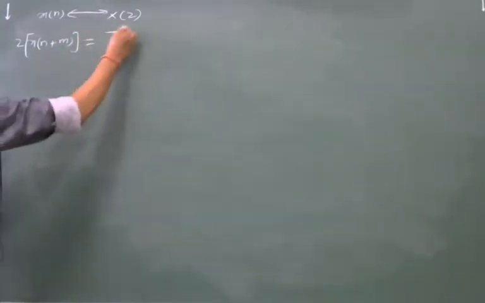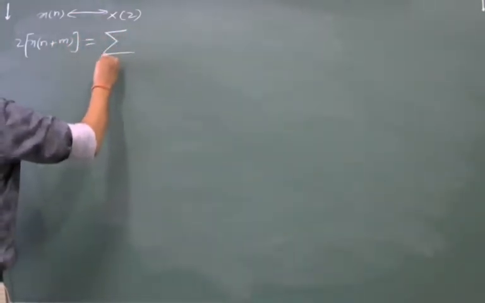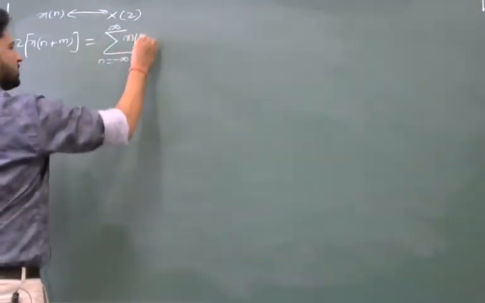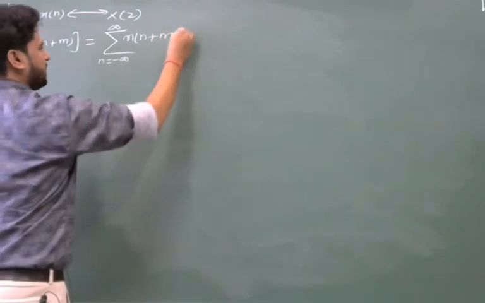This will be equal to sigma n is from minus infinite to plus infinite x of n plus m into z power minus n.